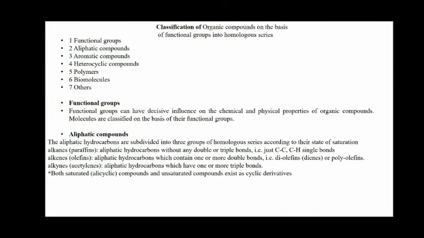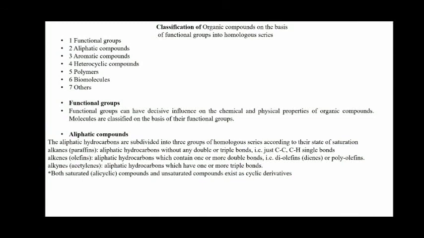Now aliphatic compounds. The aliphatic hydrocarbons are subdivided into three groups of homologous series according to their state of saturation. Alkanes, which are in general said to be paraffins, are aliphatic hydrocarbons without any double or triple bond. This means that the bond between two carbon atoms has to be single, otherwise it has to be shared with hydrogen.